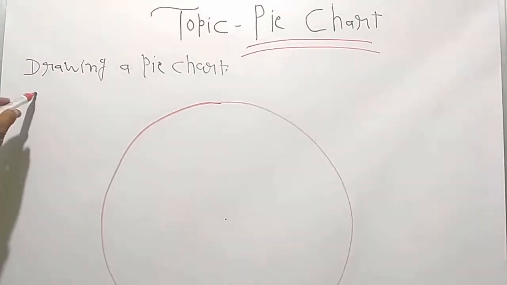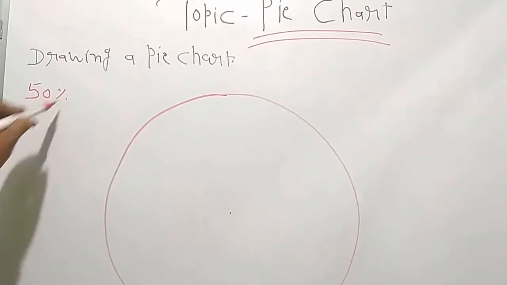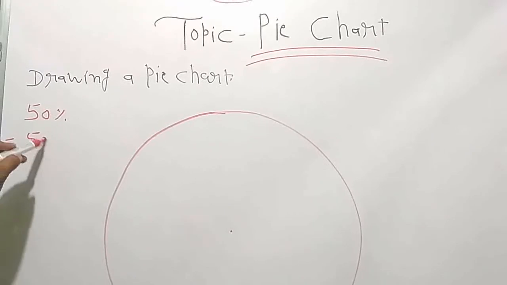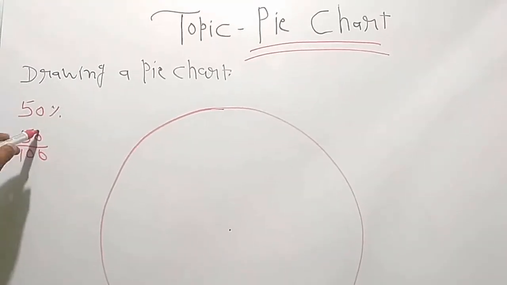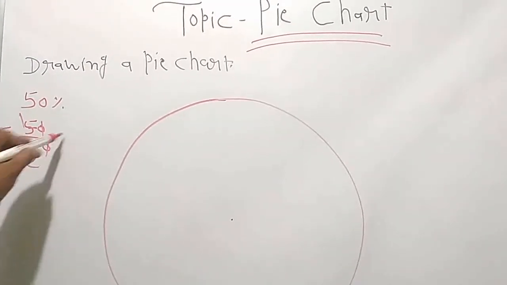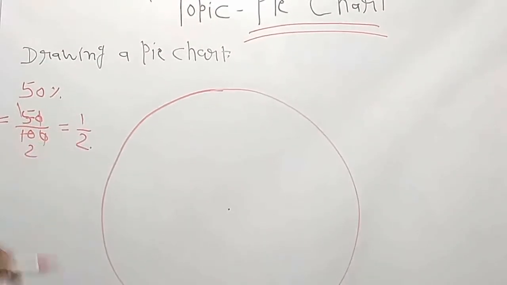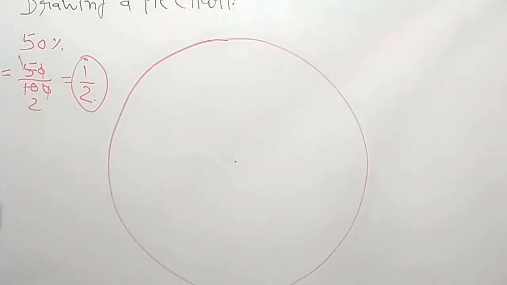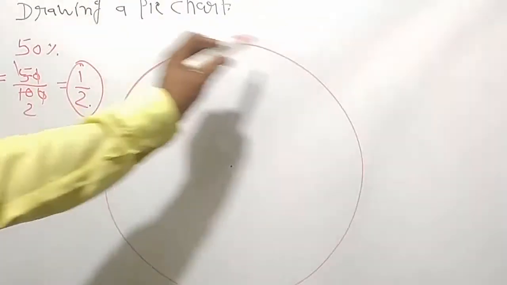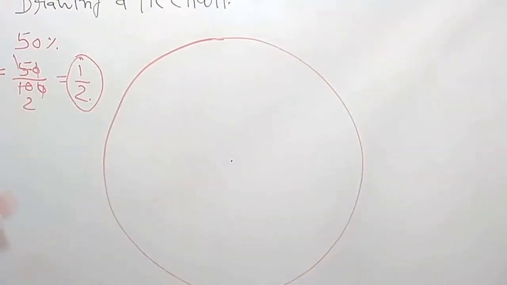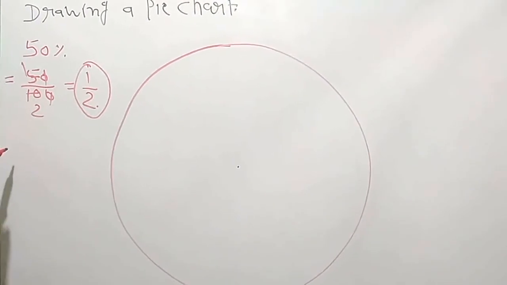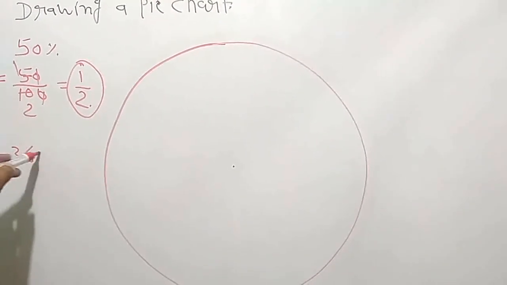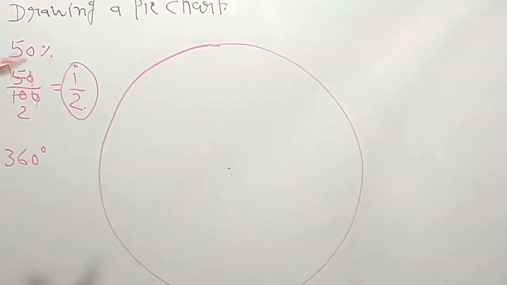Suppose the data is given in percentage form. Suppose it is 50%, and we solve 50% as 50 upon 100. It is 1 by 2. Now it is in fraction form. How do we draw here? We take this circle as a whole, and we know a circle is equal to 360 degrees.